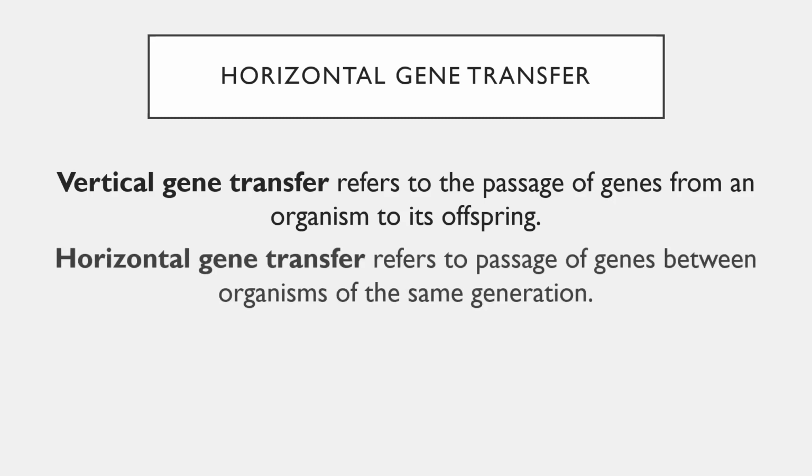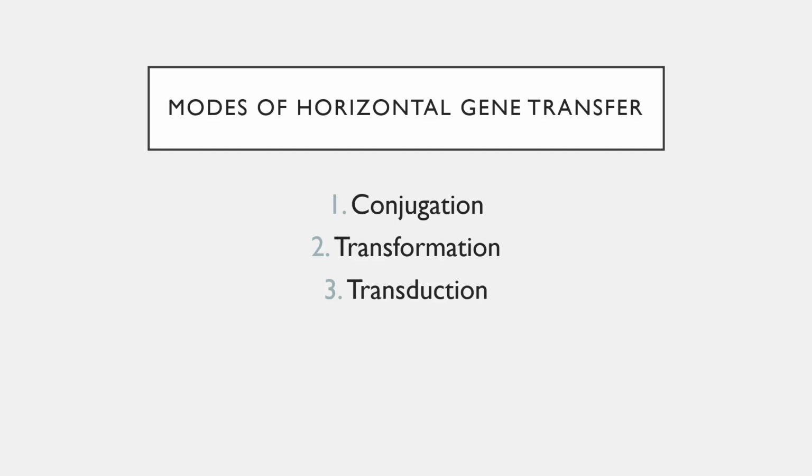Horizontal gene transfer, on the other hand, refers to the passage of genes between organisms of the same generation. Humans cannot do this. Animals can't do this at all. Prokaryotes are pretty much the only organisms that can do this. And there are 3 different methods by which they can transfer their genes horizontally: conjugation, transformation, and transduction.